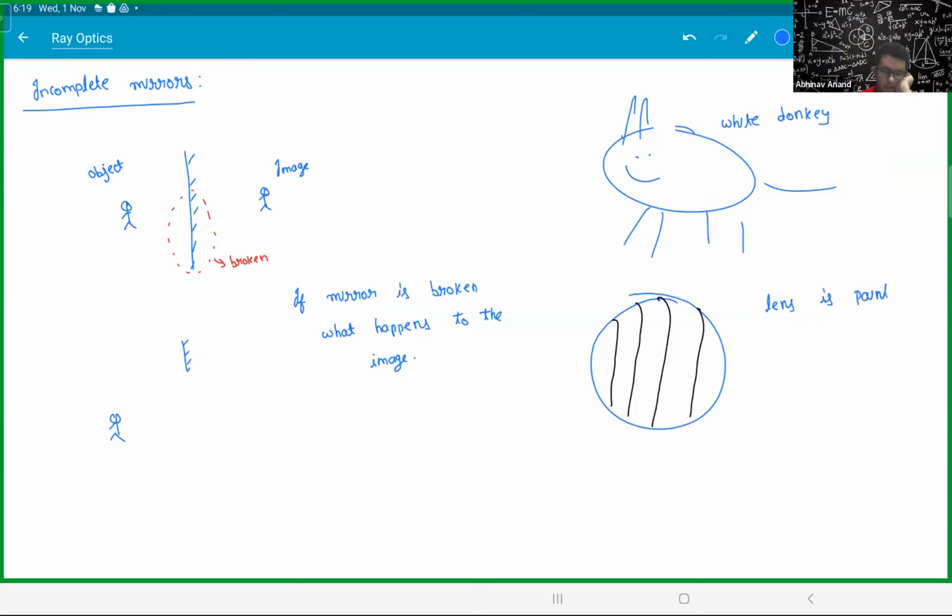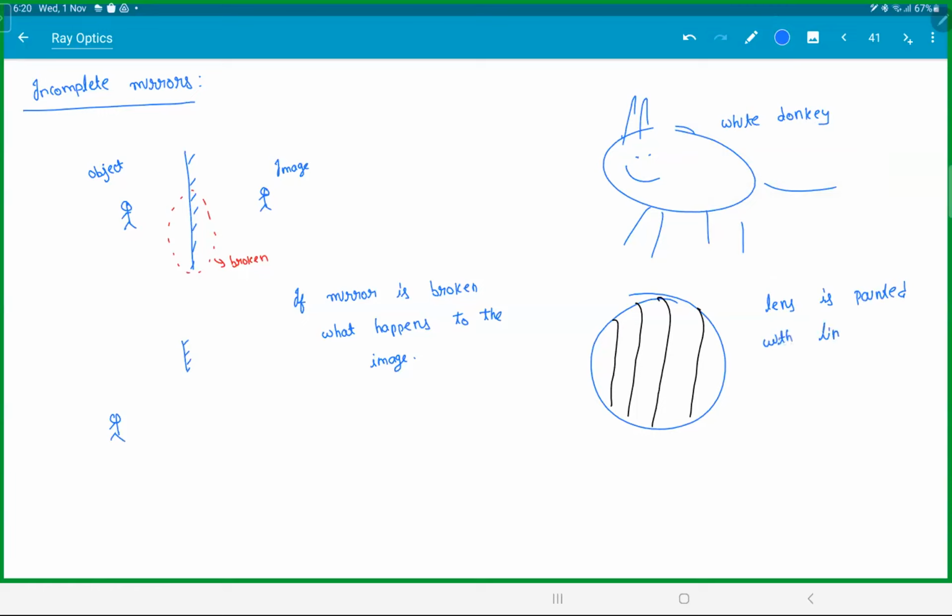No, sir, you won't get a zebra. So if we take a photograph, will we get a zebra? And someone still thinks you get a zebra, right?